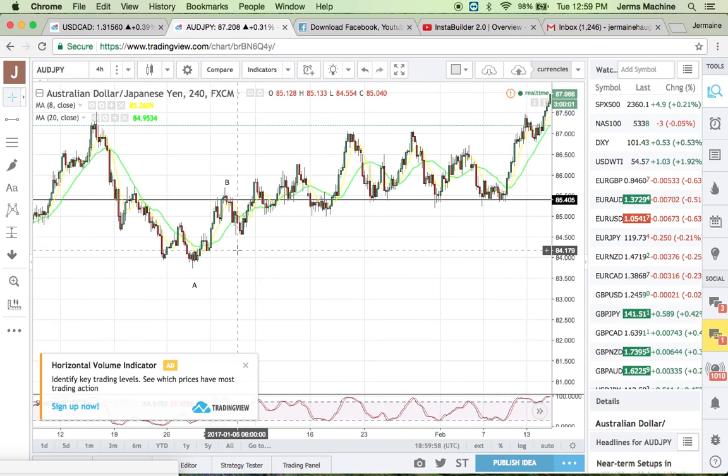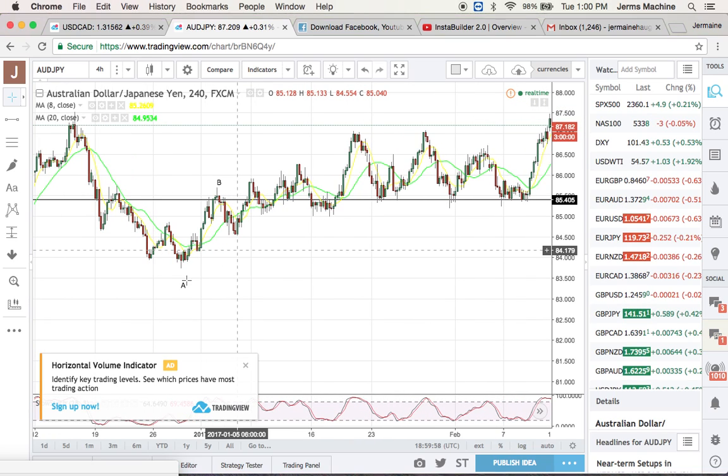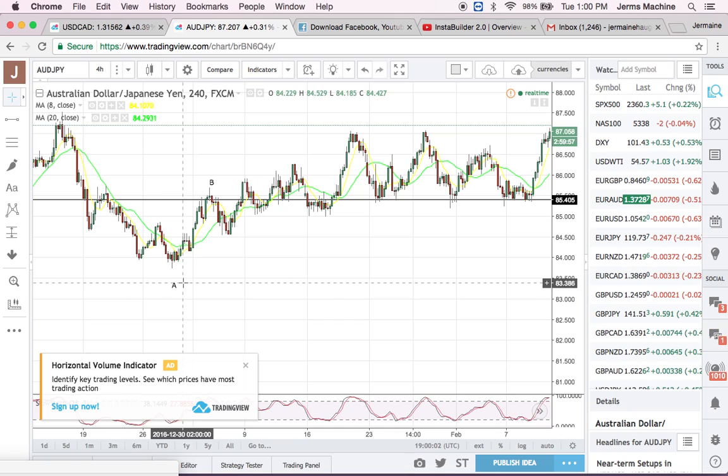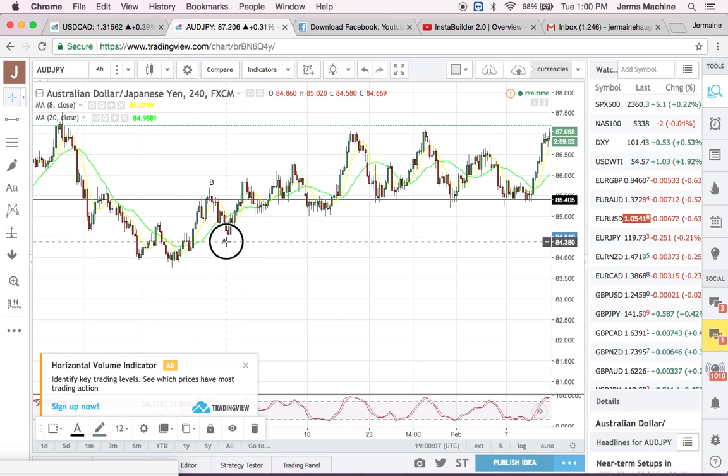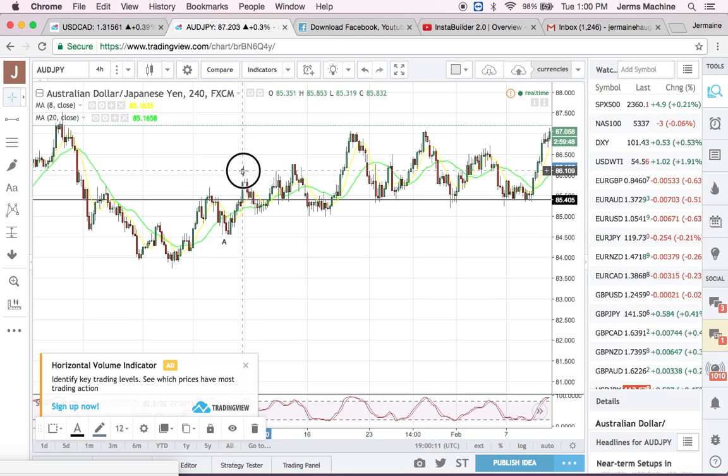So we can actually take the next move in the sequence, the next up move. We can say that we had A right here, and then B was right here, and same thing, same strategy.